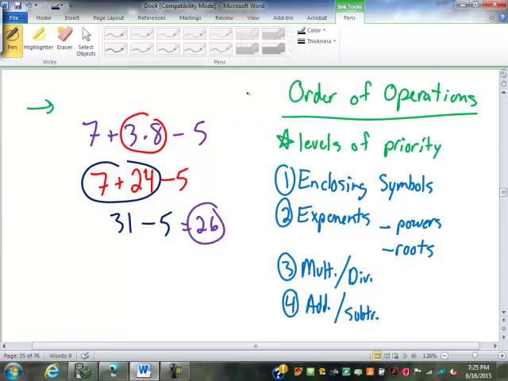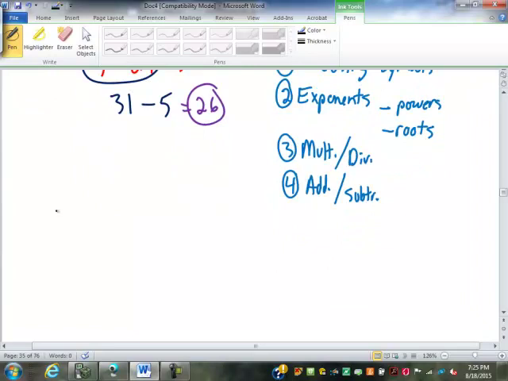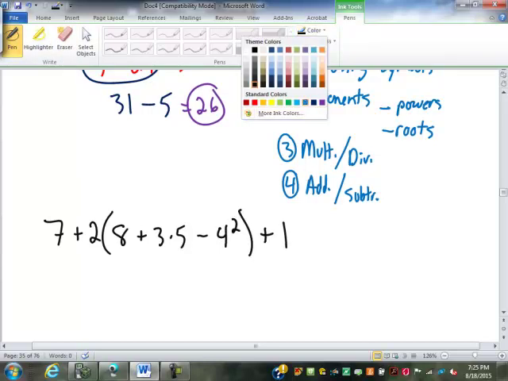Let's look at something slightly more difficult than that. So looking at something like this.